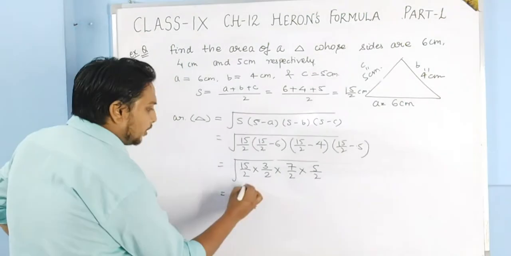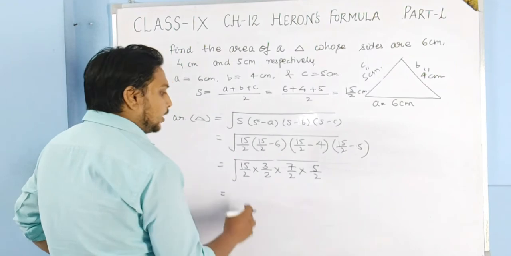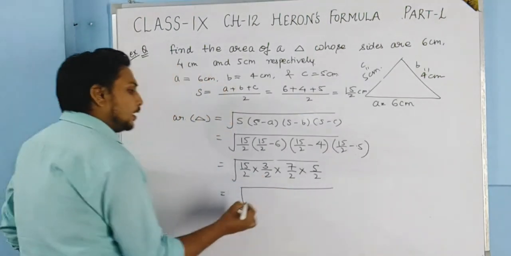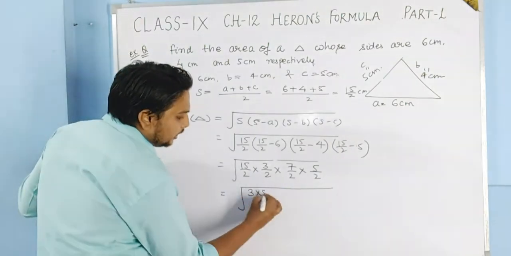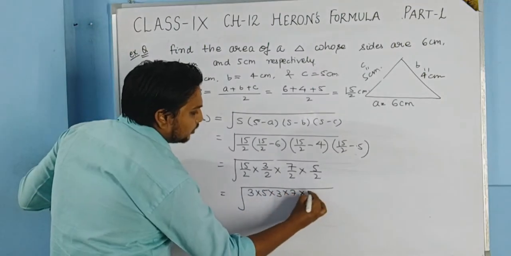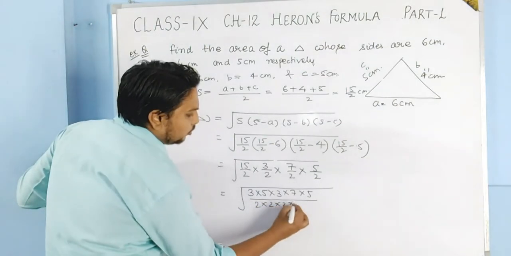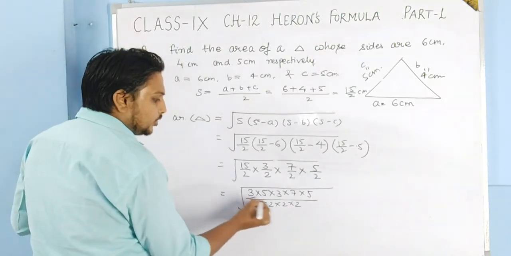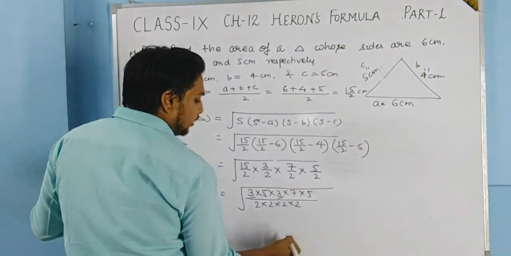So in the denominator there are pairs of 2, and in the numerator, students, see how simply we can simplify it. Just factorize all the numbers. 15 we can write as 3 into 5, and in the numerator there is also 3 and also 5. In the denominator there is 2 into 2 into 2 into 2. Now we will find pairs. 3 and 3 are in pair, 5 and 5 are in pair.